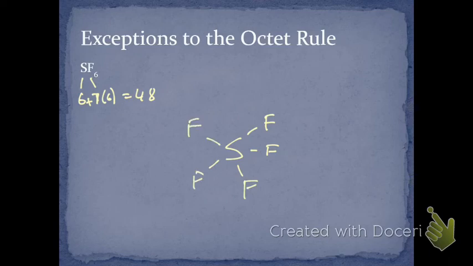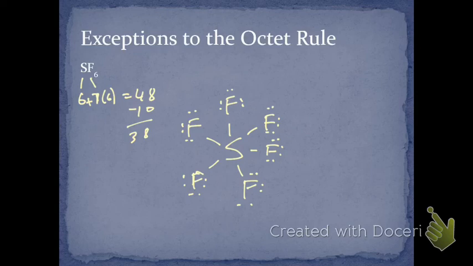That's 12 used up, so now I have 36. Now put them on your terminals: 6, 12, 18, 24, 30, 36. Sorry, I did something wrong earlier. There are 6 fluorines, so 6 times 2 is 12 on the bonds, and after filling the terminals the remainder should be 0.